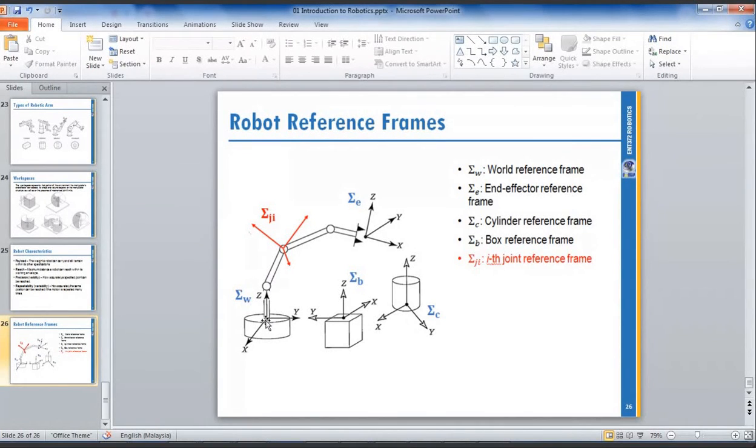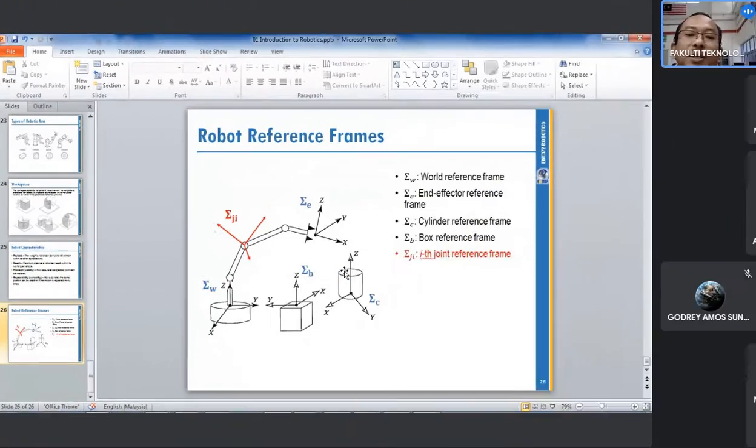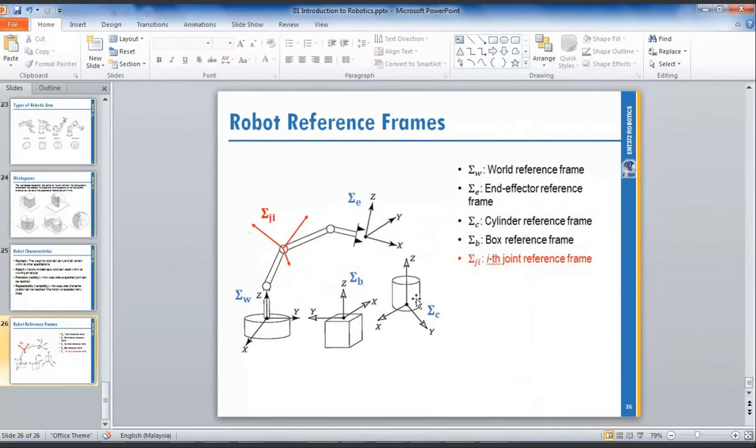So this is the world point, the world reference frame. We must have a reference. We cannot refer to this product, this part, because this part will be moving. This box will also move in the working envelope.